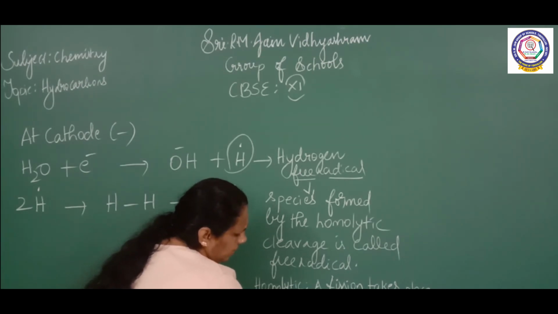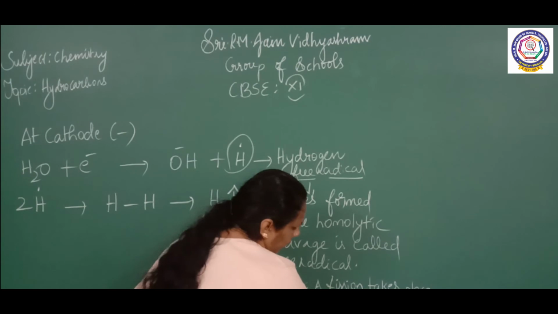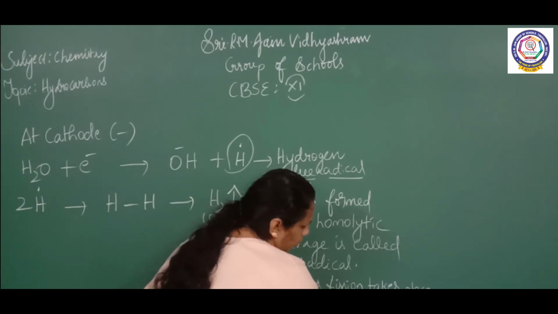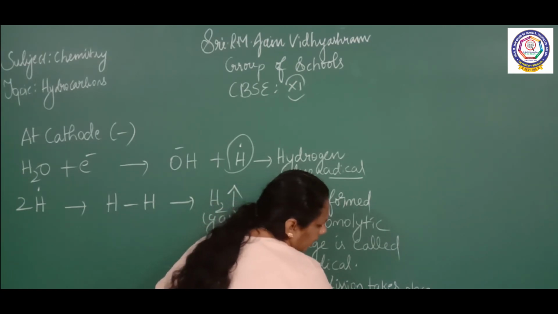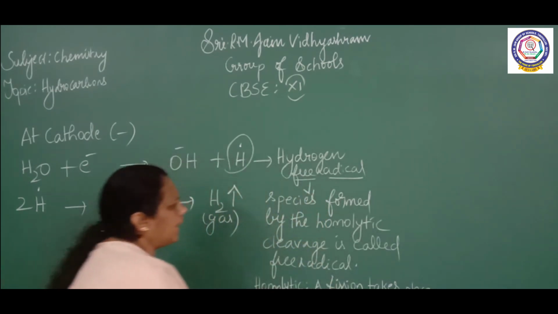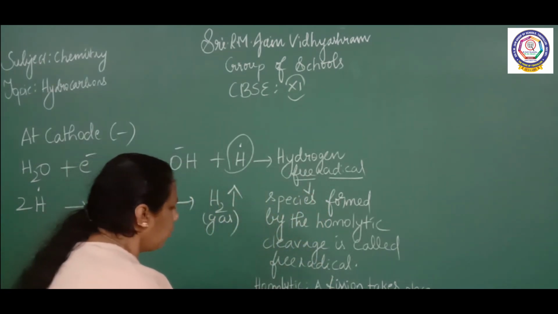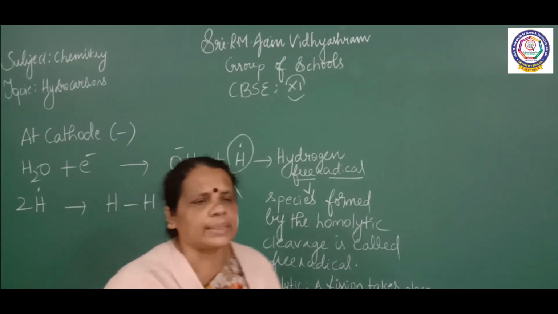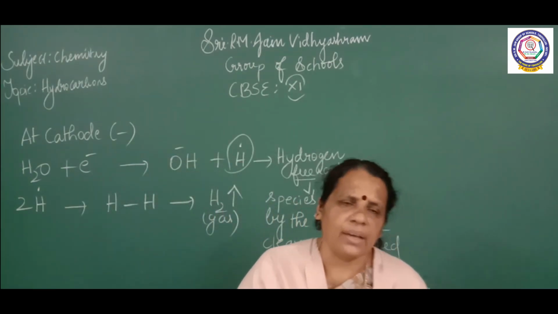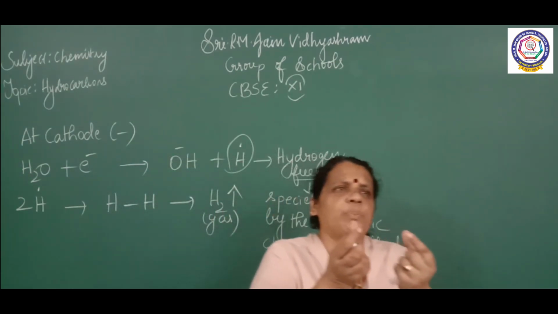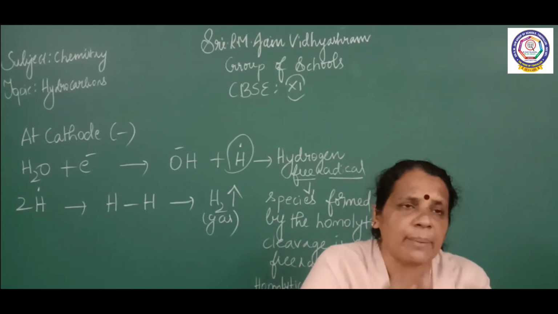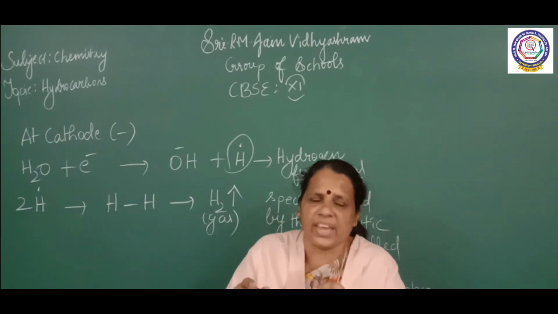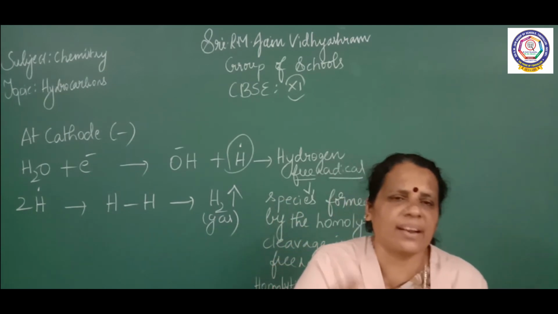We can call it homolytic fission. Fission is nothing but cleavage, breaking. So what are we breaking? The bond is broken in such a way that each atom will share the electron equally.